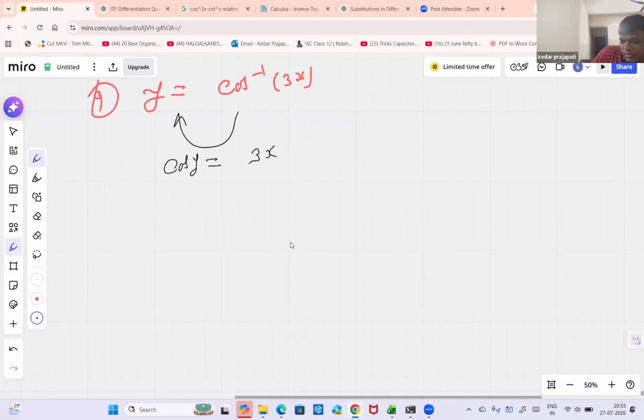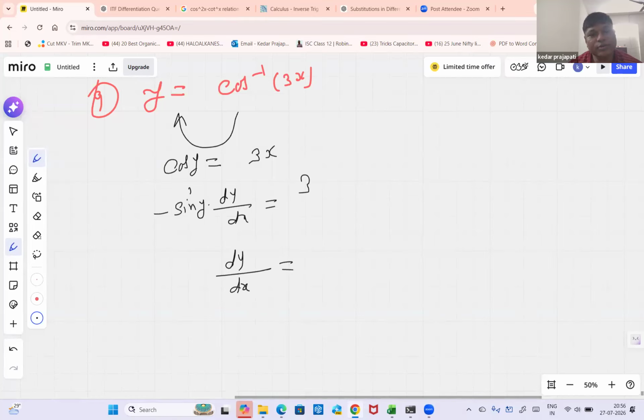Differentiate with respect to x. So this will be minus sin y dy by dx is equal to 3. Very easy. Then dy by dx is equal to minus 3 by sin y. But this is not our answer.